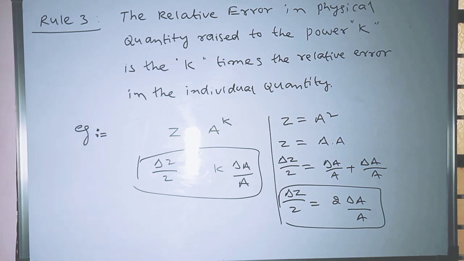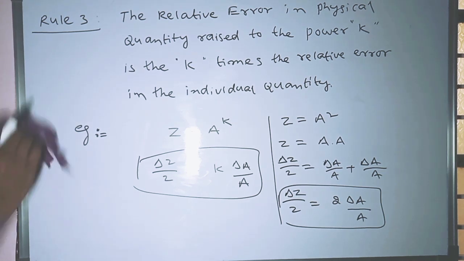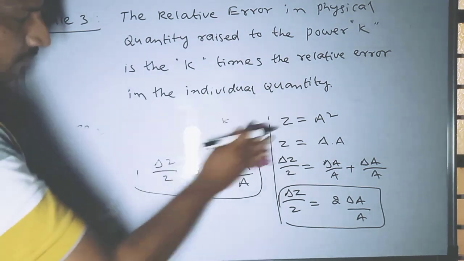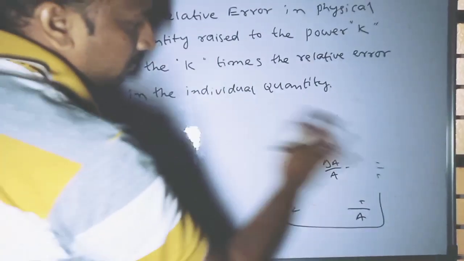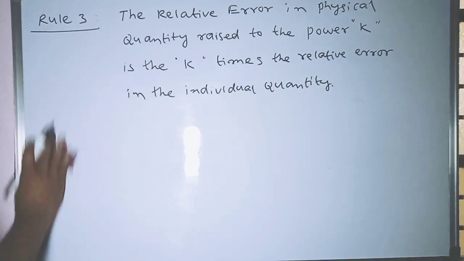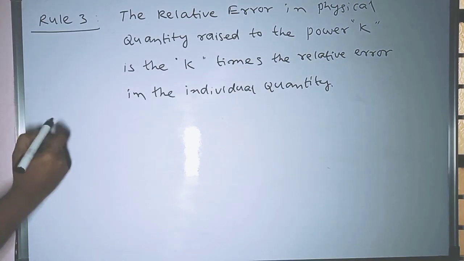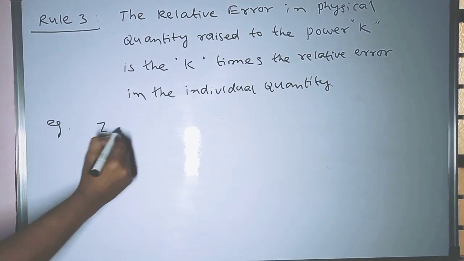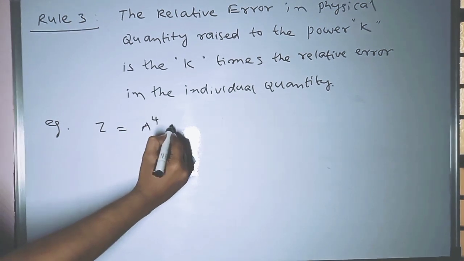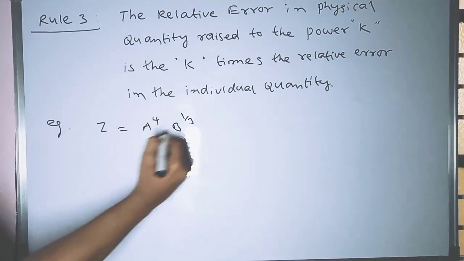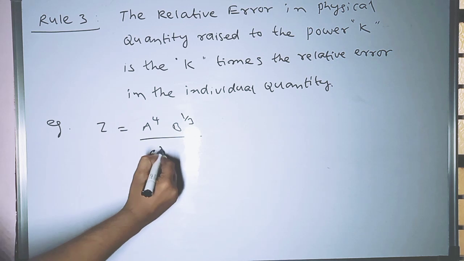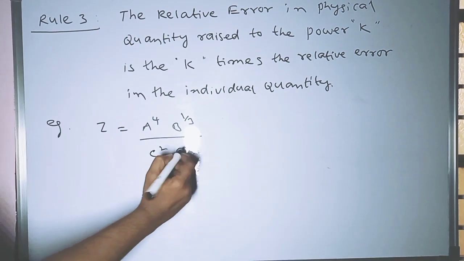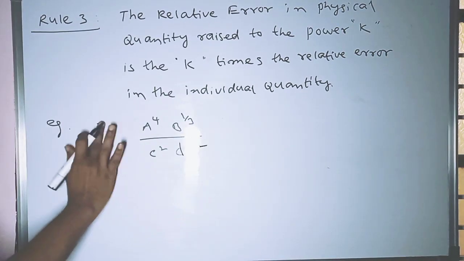Okay. So we go with another example. Then it is clarified. For example, take z is equal to a power 4 divided by b power 1 by 3 c square into d power 3 by 2.